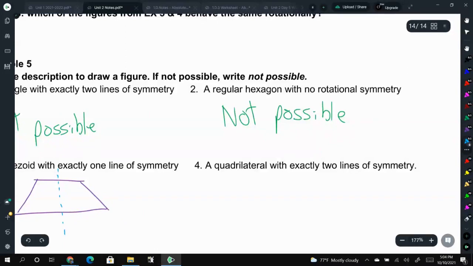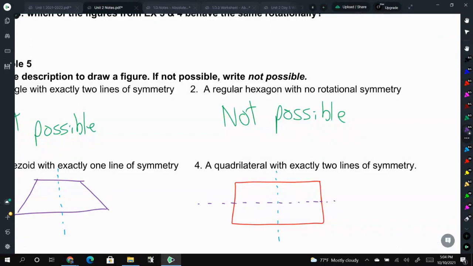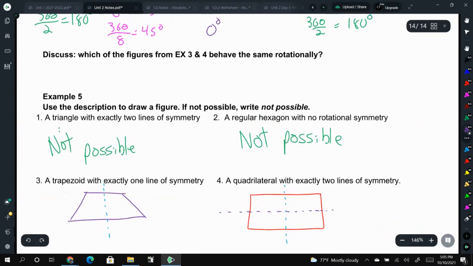And then a quadrilateral with exactly 2 lines of symmetry, we did that too, like a rectangle at the very beginning. We could have this, or we could have this. So that would be our quadrilateral with exactly 2 lines of symmetry. A rectangle would work.